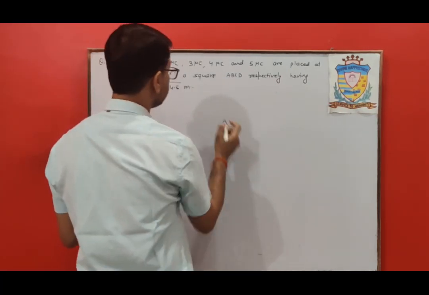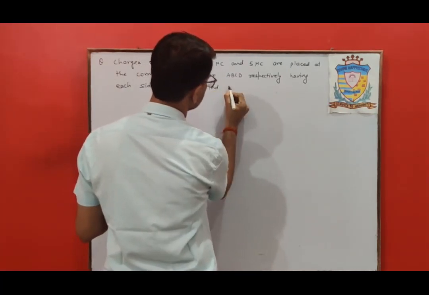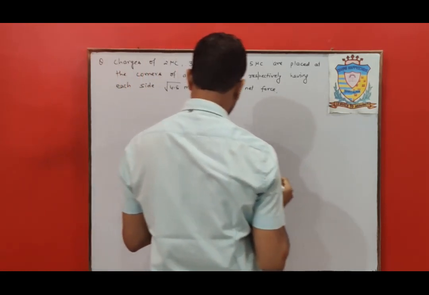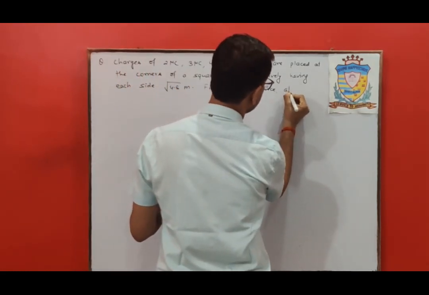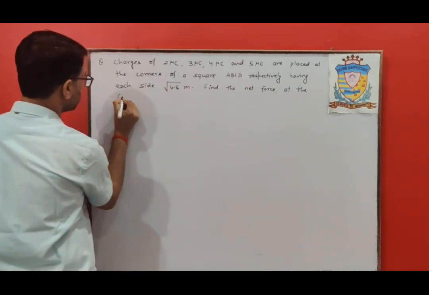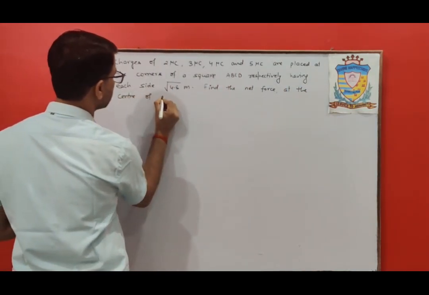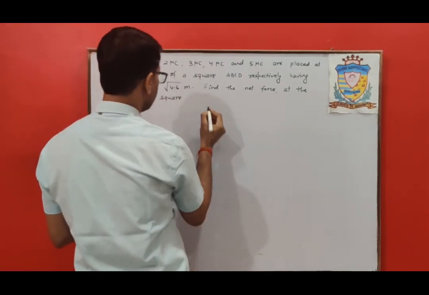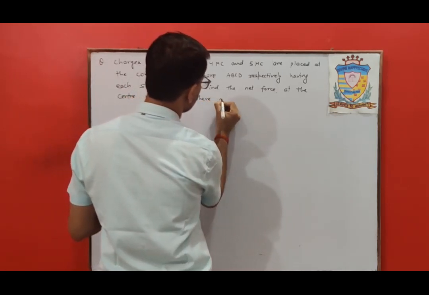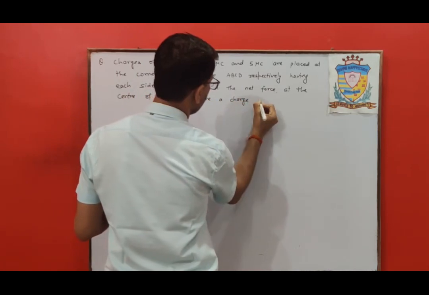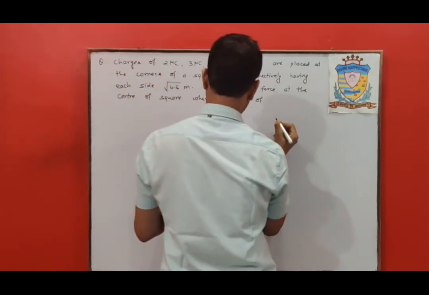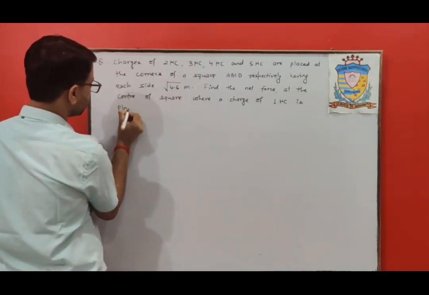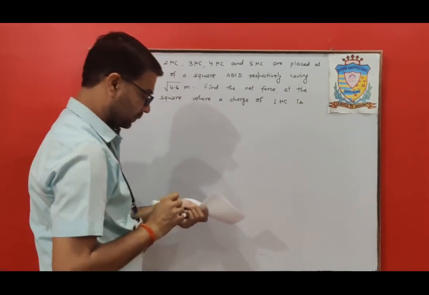Find the net force at the center of the square where a charge of 1 microcoulomb is placed. Okay.